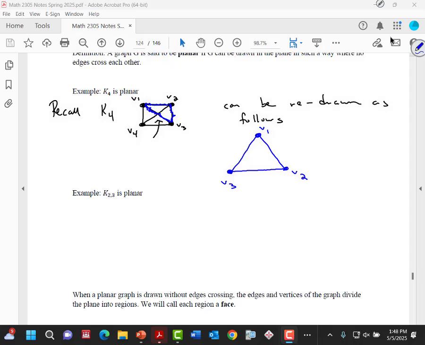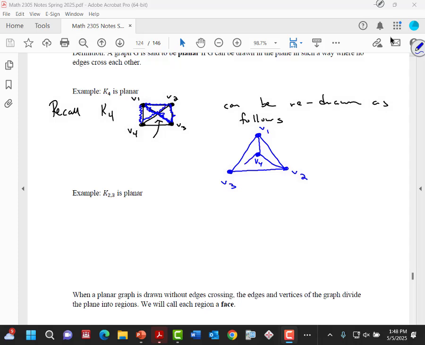Now, I need to add in a vertex, V4, and connect it to all the other vertices, V1, V2, and V3, in such a way that no edges are going to overlap. Well, what if I put V4 right here in the middle and connect V4 to V1? That's this right here. V4 to V2, that's this edge right here.